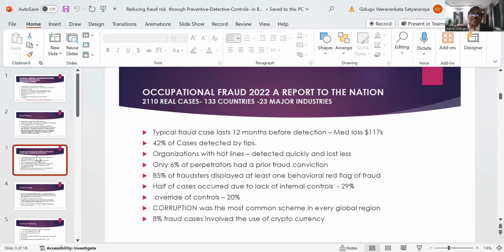The statistics are available at the website of the Association of Certified Fraud Examiners, and if you download the Report to the Nations 2022, you will understand they have done 2,110 real cases, 133 countries, 23 major industries. Wonderful document. A typical fraud case lasts for 12 months before detection. Median loss is $117,000.